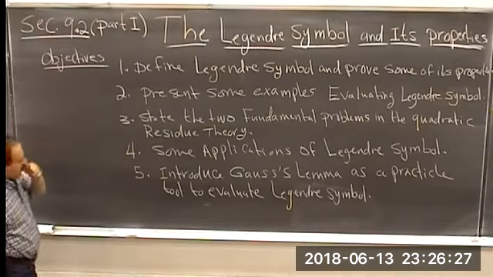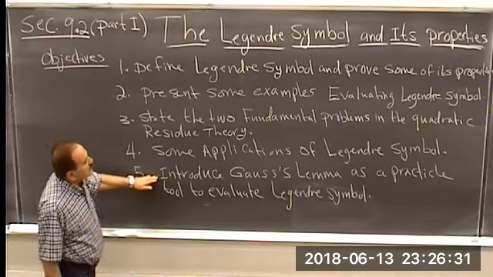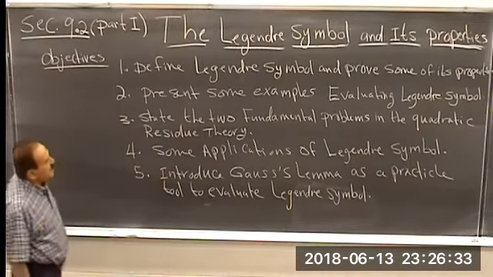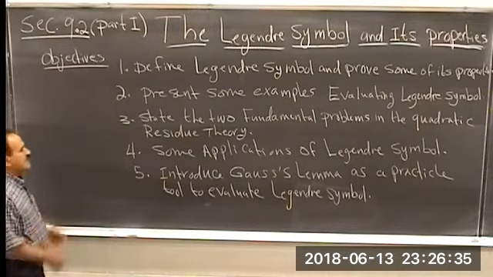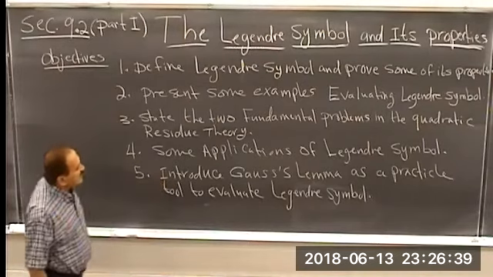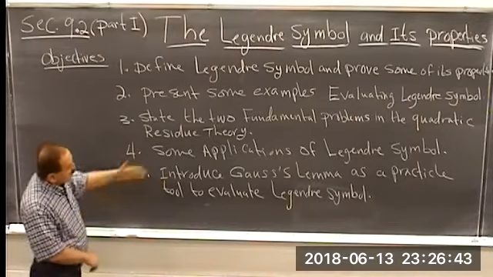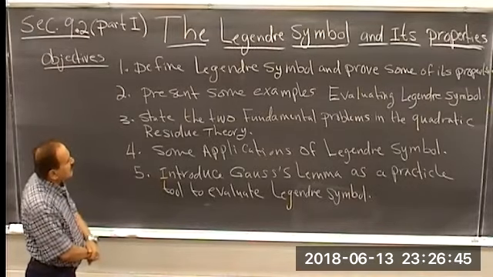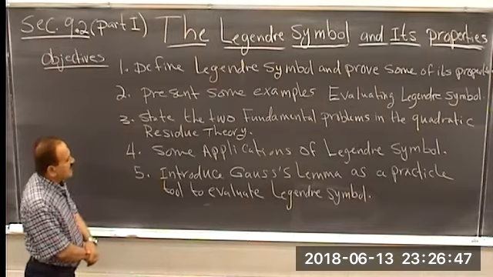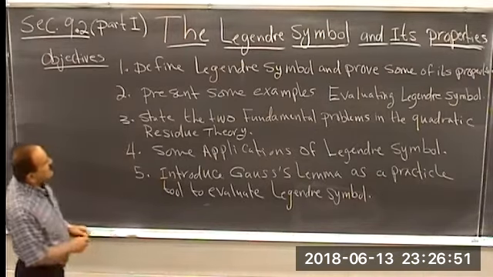In the second part of this lecture, we're going to introduce another version of Gauss's lemma that makes the evaluation of the Legendre symbol even simpler than the original Gauss's lemma. Then, in the second part, we're also going to talk about a little more applications of the Legendre symbol. So this is what we hope to accomplish in this lecture.